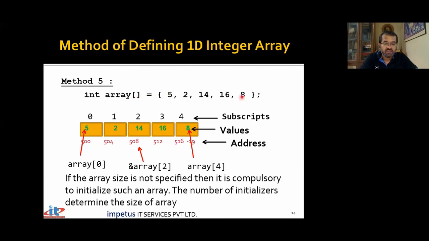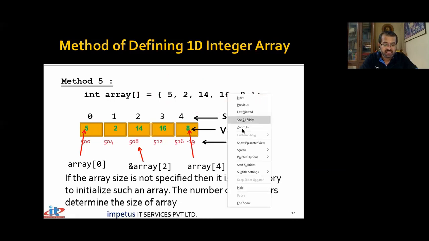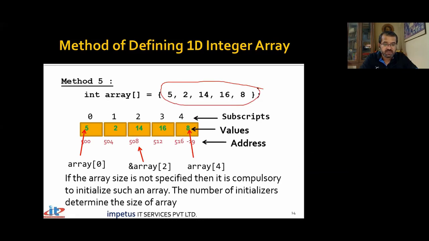If I do not give these initializers, if for some reason I skip these initializers, this statement would generate a compile-time error. Because you cannot create an array without specifying the size. And if you plan to create an array without specifying the size, then we have to give these initializers. So what would the size of this array be?